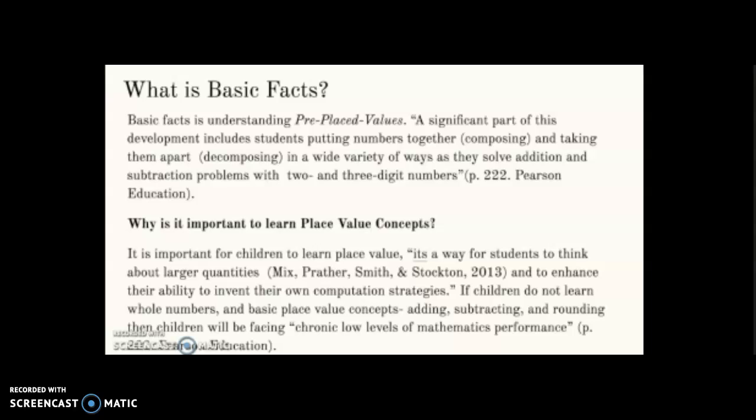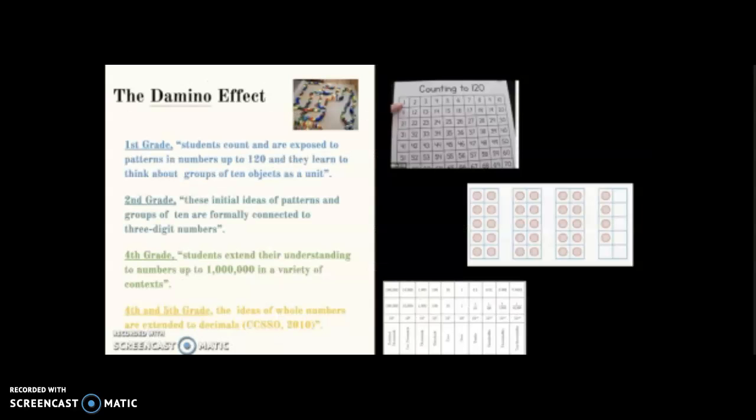Now, what I see at work is true. It's like a domino effect. What I've noticed is that if students do not understand this concept, then the higher the grade level they go, the harder they will struggle, and they have to start all over again from the very beginning.